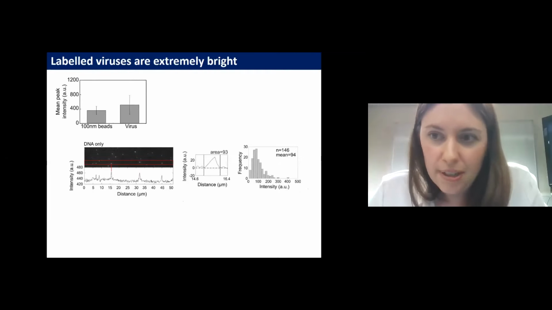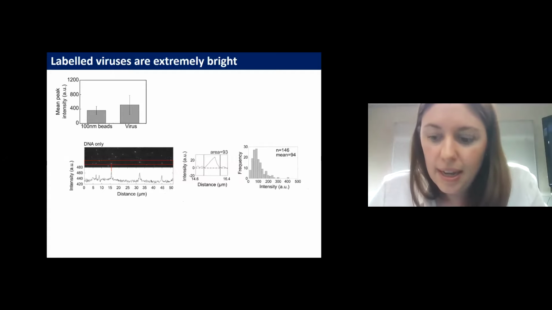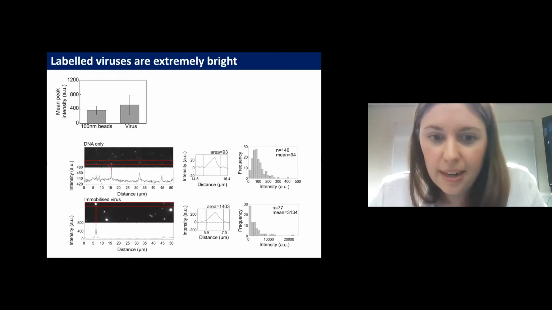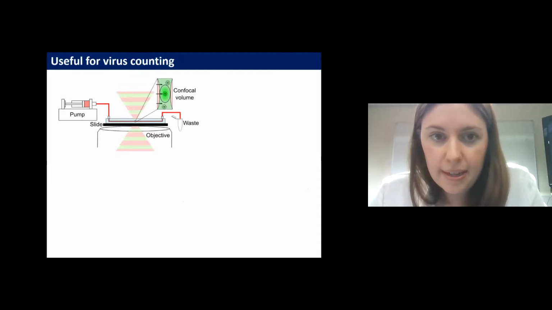And we're able to show that for DNA only, so essentially fluorophores only, we got a certain intensity, and this is much higher when we looked at virus particles, and we're able to estimate that we have around 30 DNAs per virus.